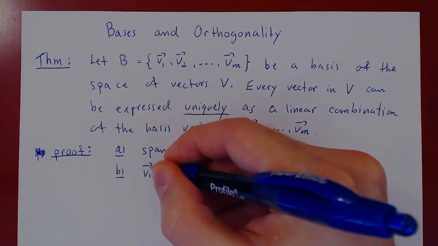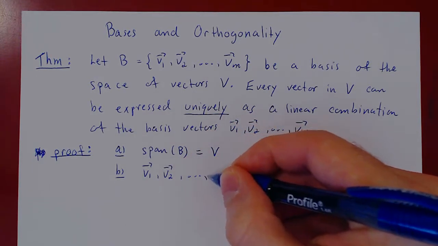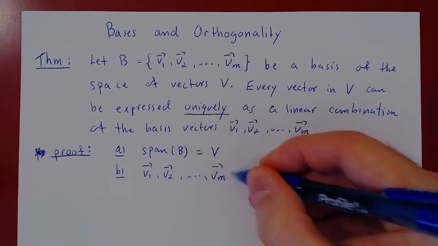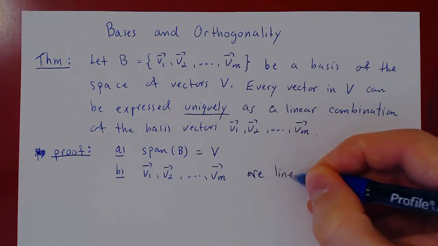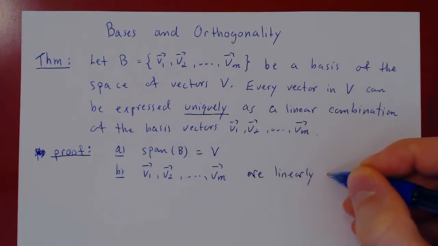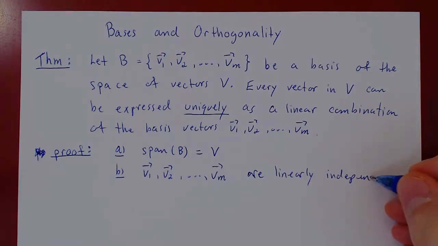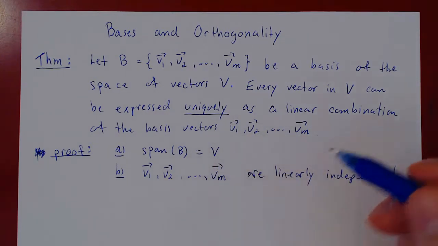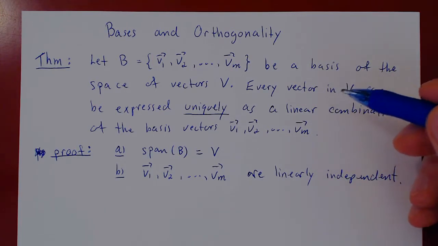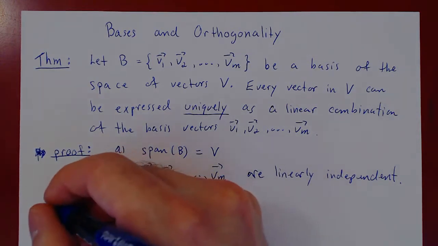So v1, v2, up to vm are linearly independent. And with these two properties, you'll see that we will prove this result in just a few lines.